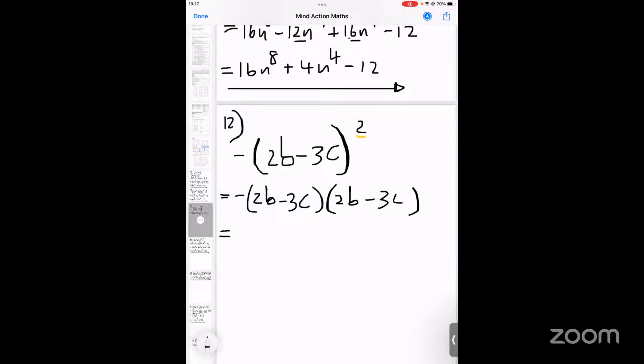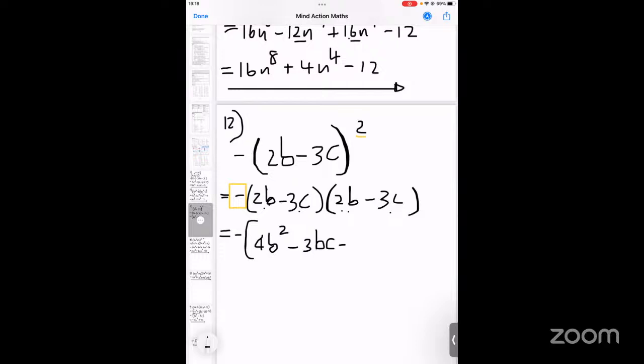So now remember that negative, I will still leave it as it is. I'll just focus on what is inside the brackets. So that negative will still remain there. Then I will do that by that, which should be 4b squared. That by that, minus 3. Alphabetically, b comes first, then c after, then that by that, it becomes negative.